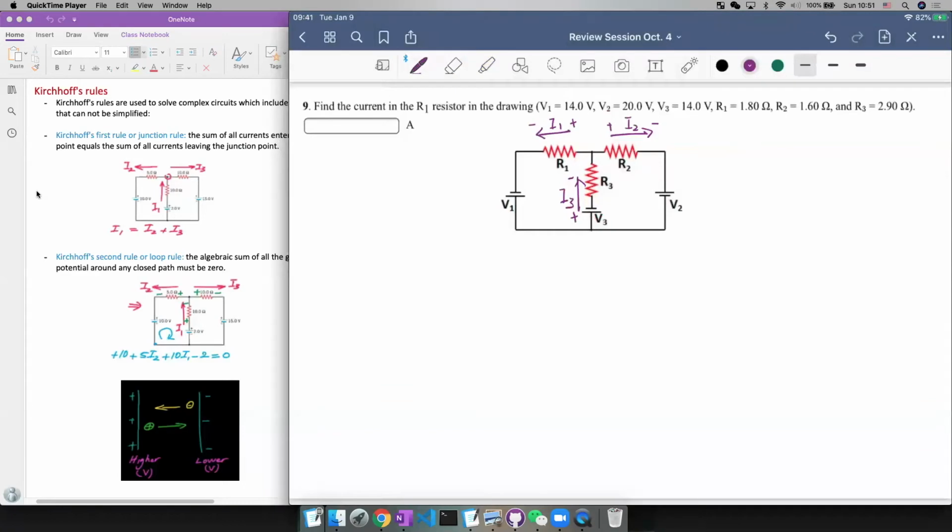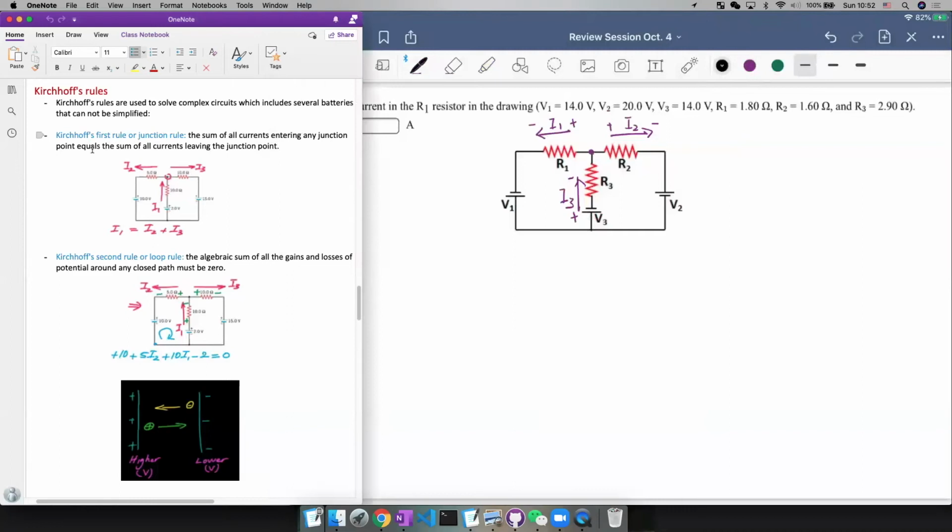Now we can derive the first equation we're going to use. Based on the first rule, the sum of all currents entering the same junction point equals the sum of all the currents leaving the junction point.